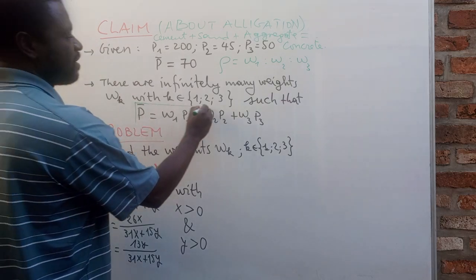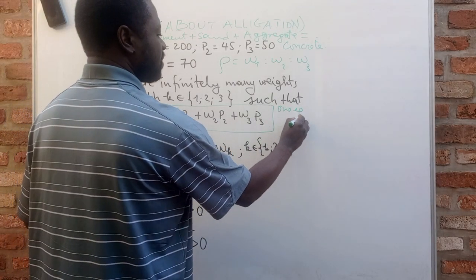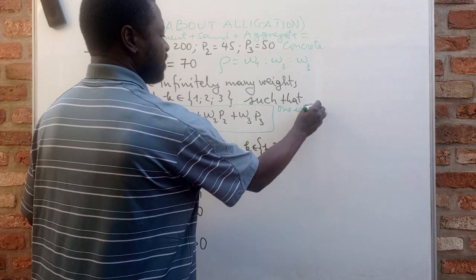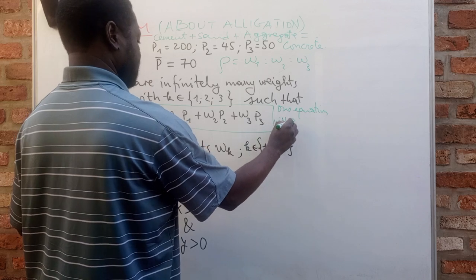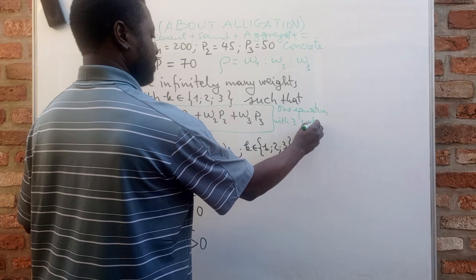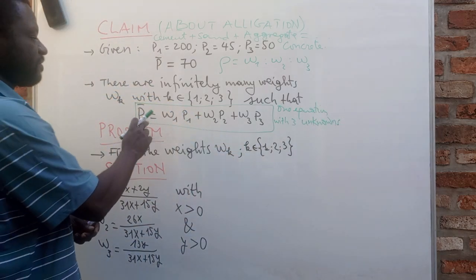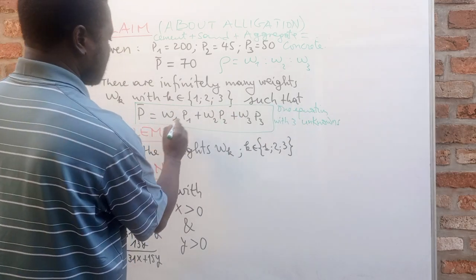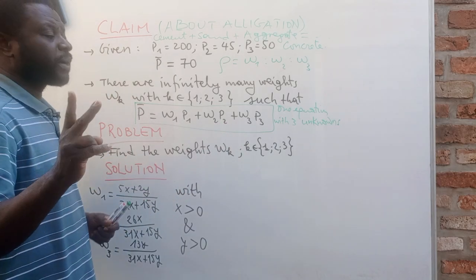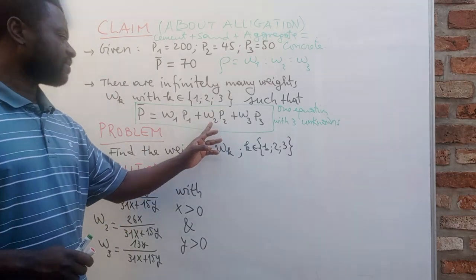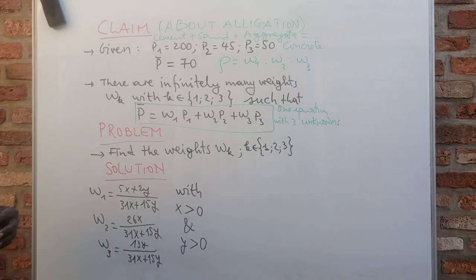It is because this is one equation with three unknowns. So if you have one equation with three unknowns, omega 1, omega 2, omega 3, it means that we must have two parameters. We fix omega 2 and omega 3, for example, and we compute omega 1 in this case.